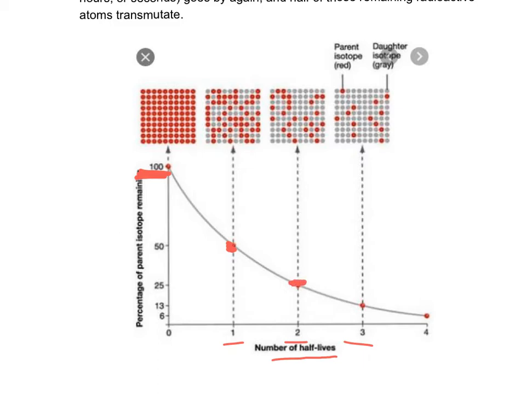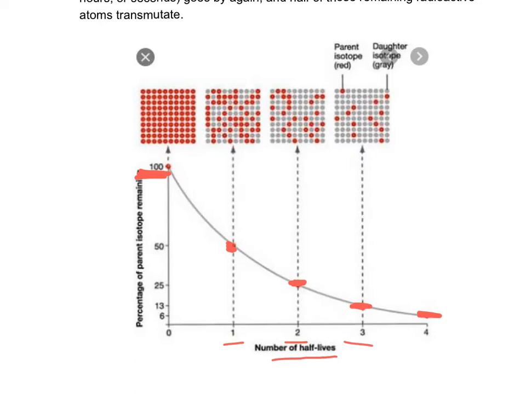And then you have 12.5% left. And then you have 6.25% left. So that's an exponential decay graph. And you're going to see that same shape all the time. The only thing that's going to differ is the actual x-axis, where you plug in what the half-life is, and the y-axis, where maybe you're starting with a certain grams or a certain number of atoms.